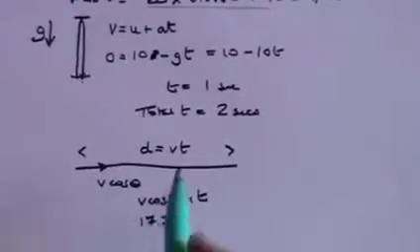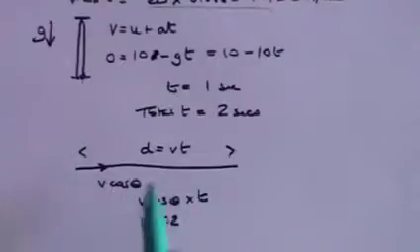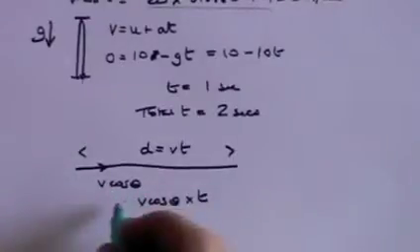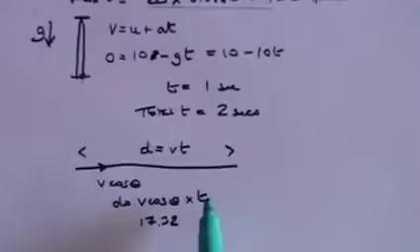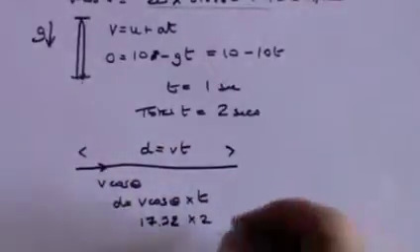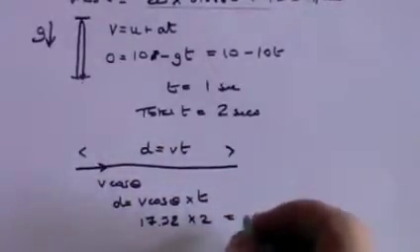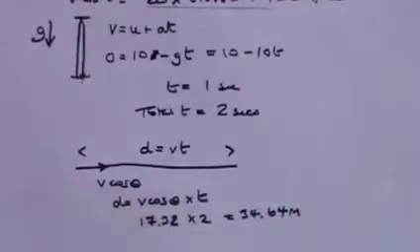Let's do that again. We said that d is vt. The velocity in this case is v cosine theta. So d is equal to v cosine theta, that's the horizontal velocity, times the time. Horizontal velocity is 17.32 and the time is 2 seconds. And that comes to 34.64 meters.